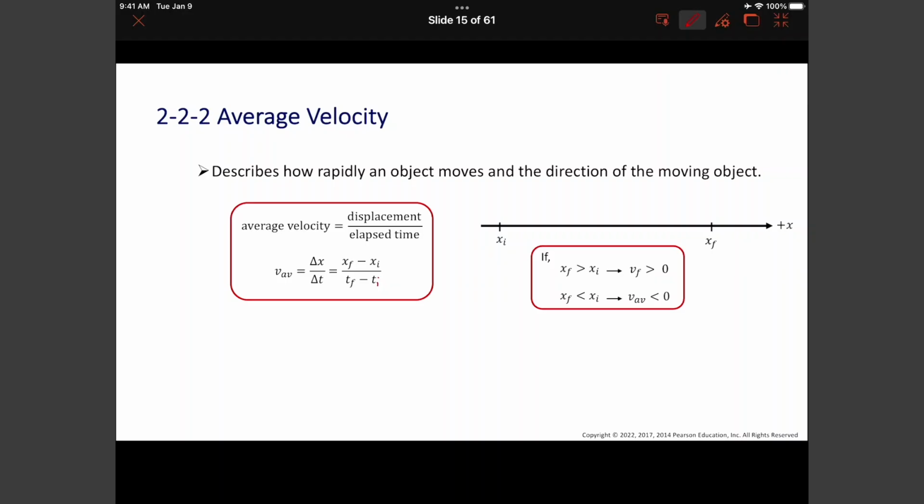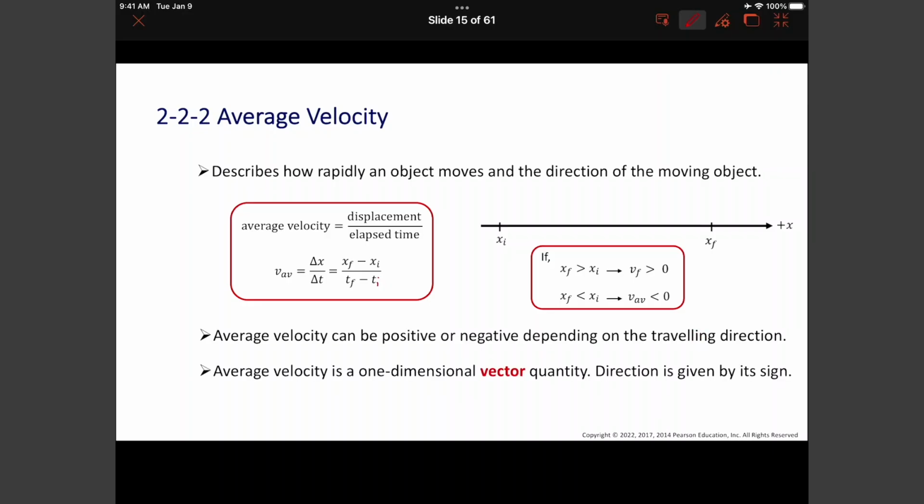If the final position is greater than the initial position, then velocity is positive. And if the final position is less than the initial position, the velocity is negative. Therefore, the average velocity can be positive or negative, depending on the traveling direction.